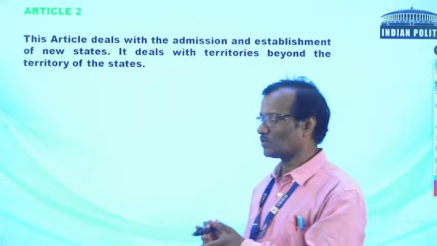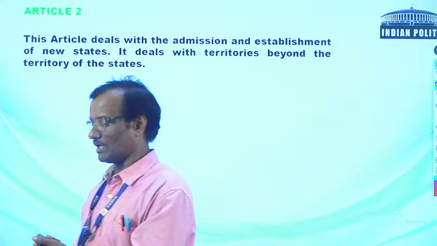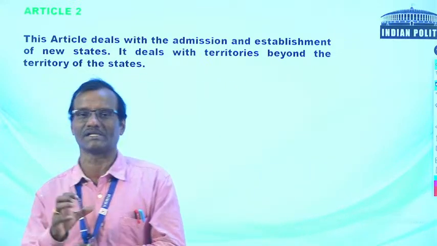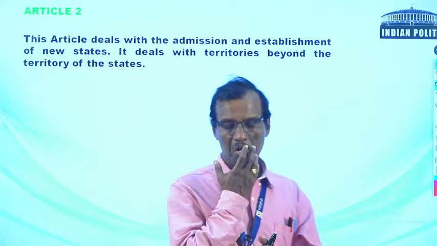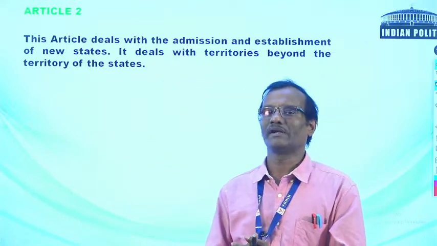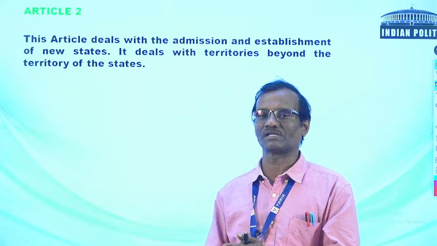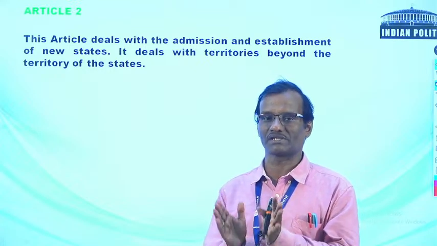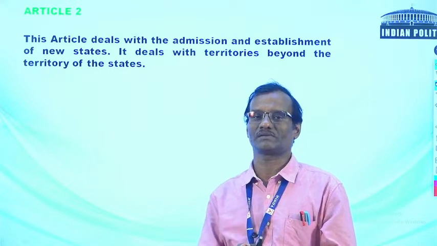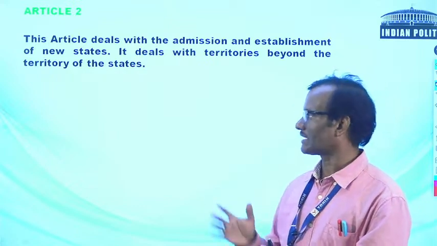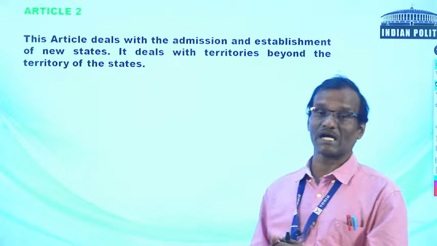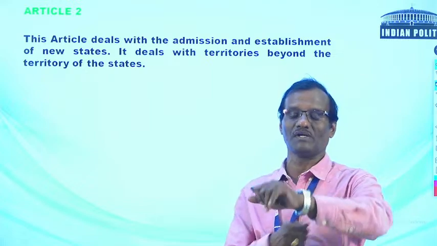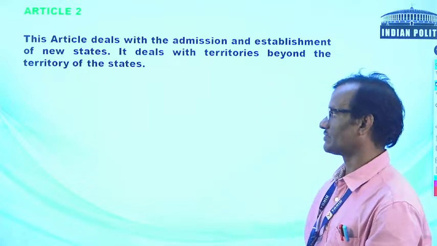So article 2 does not pertain to the area of the existing states. Rather, it is related to an area which is not an existing state but is going to be declared as a state. So article 2 deals with admission and establishment of new states.